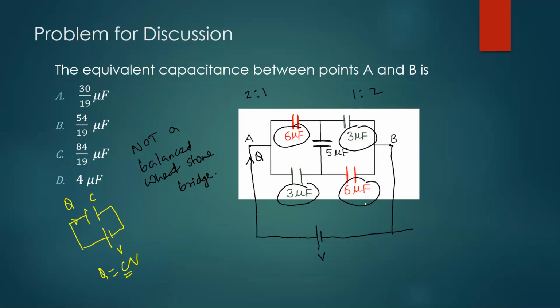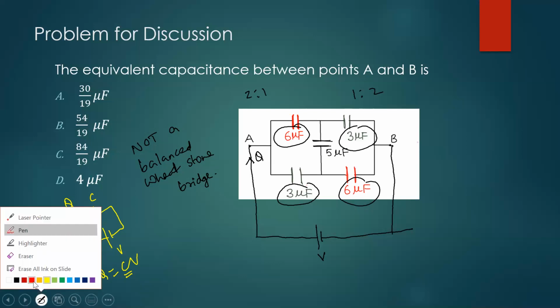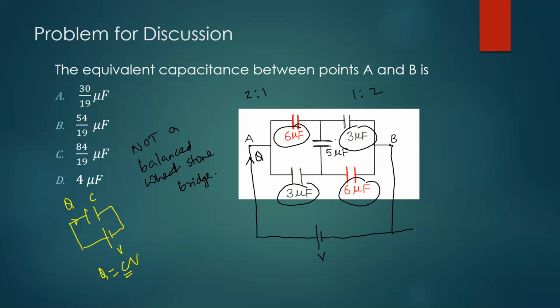Okay, so to accomplish that, what we can do here is, I can take some potential to these points. Let's say I take this point and say that it has potential V1, and take this point and say that has potential V2. Now, look at this idea.